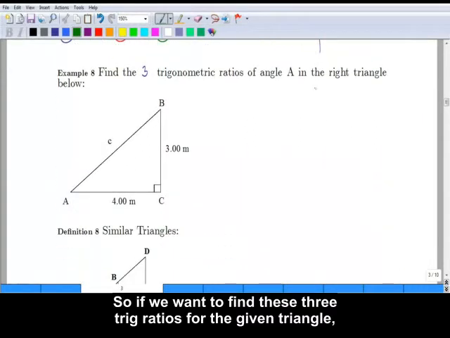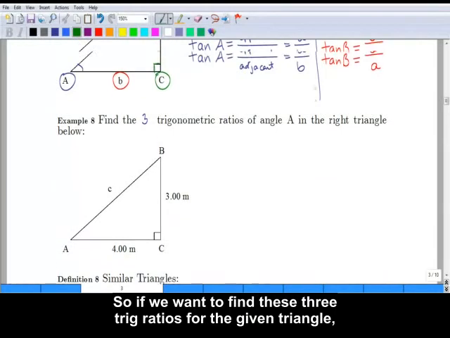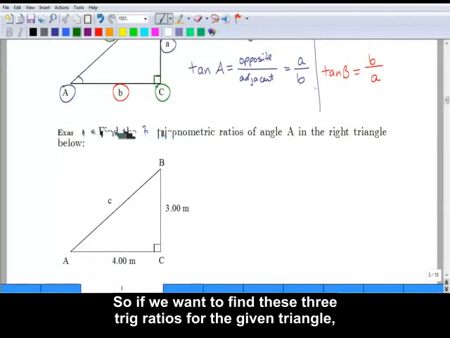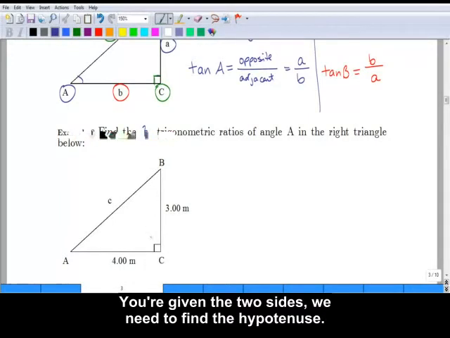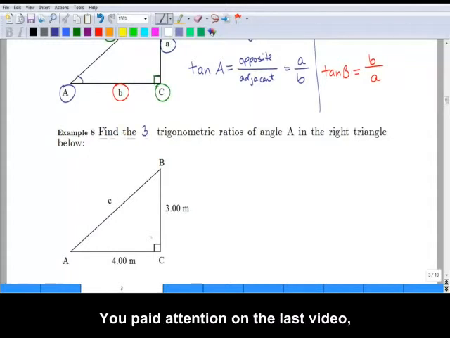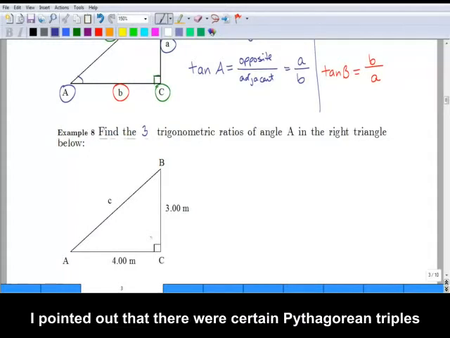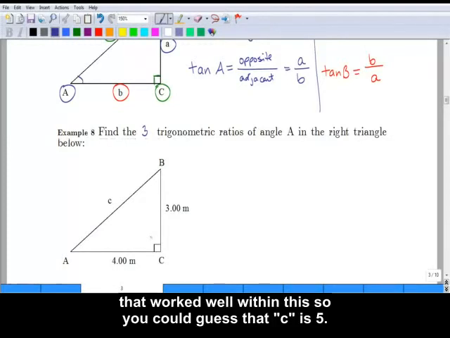So if we want to find these three trig ratios for the given triangle, the first thing we need to do is find the hypotenuse. We are given the two sides, and we need to find the hypotenuse. If you paid attention in the last video, I pointed out that there were certain Pythagorean triples that worked well, so you could guess that c is 5.